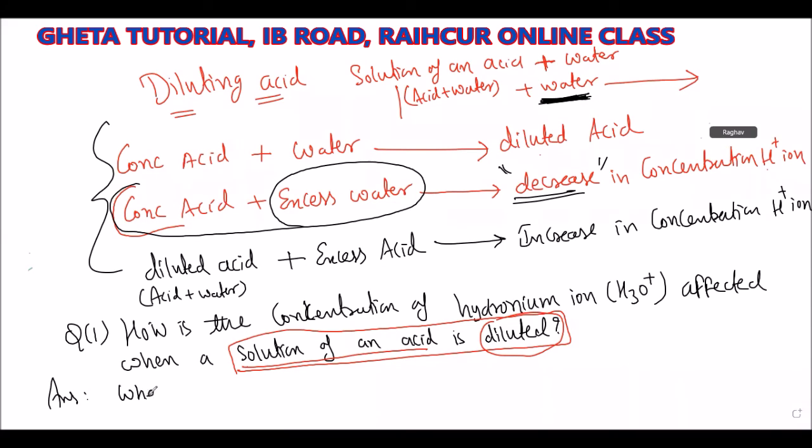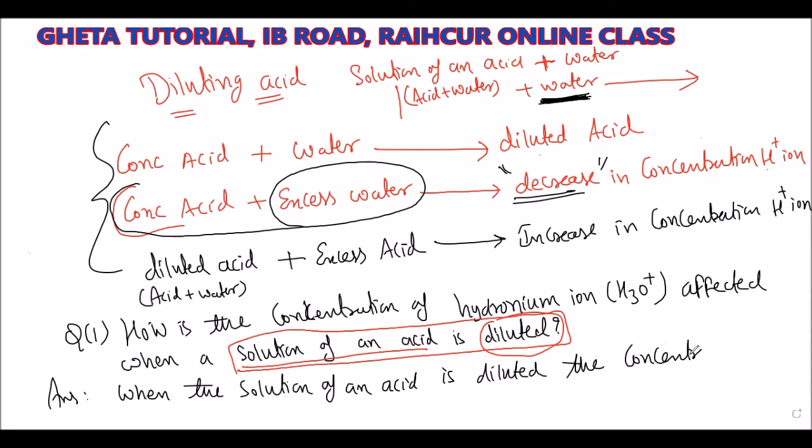So here I can write: when the solution of an acid is diluted, diluted means you are adding water. If you are adding more and more water, then what will happen to the concentration of hydronium ion? Then the concentration of hydronium ion will decrease. Hydronium ion, nothing but H3O plus ion, decreases. And why does it decrease?